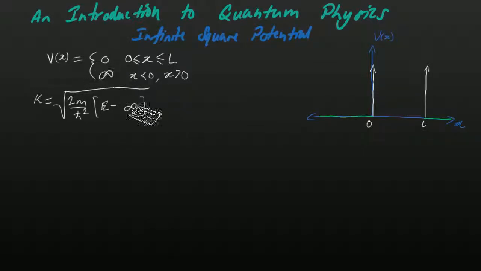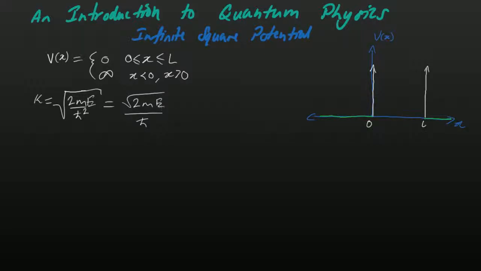So we know that the potential is 0 here, so we can change this, and we'll get something like this. Now I'll just do a quick side note here. So this equals the square root of 2mE on h bar. Now this may look familiar to you.